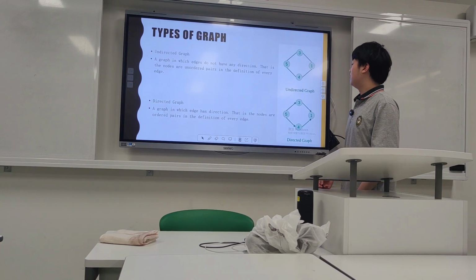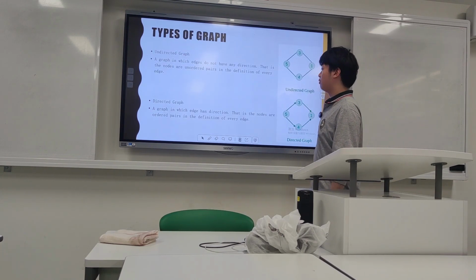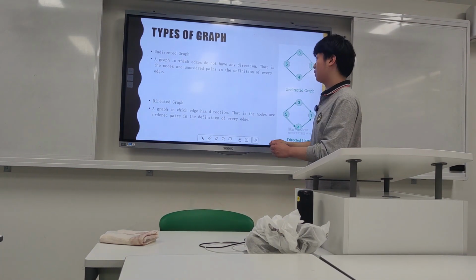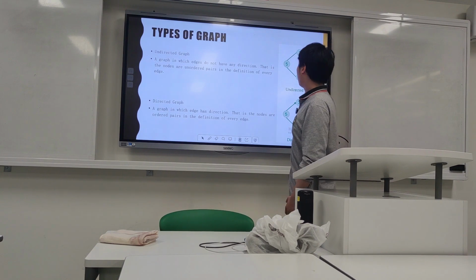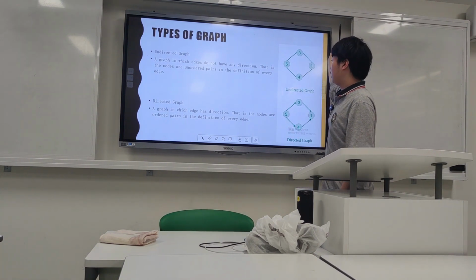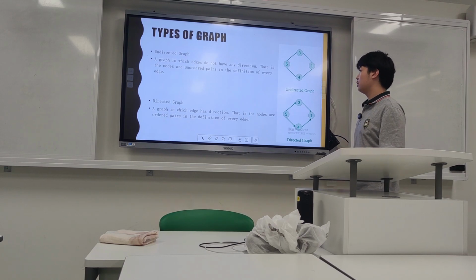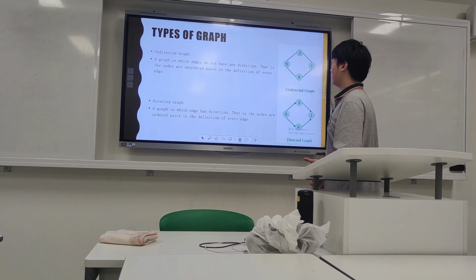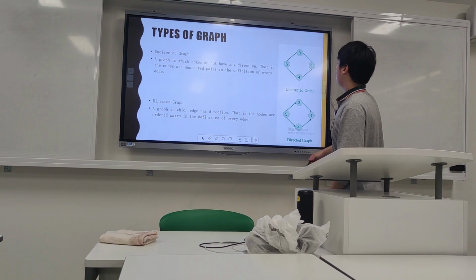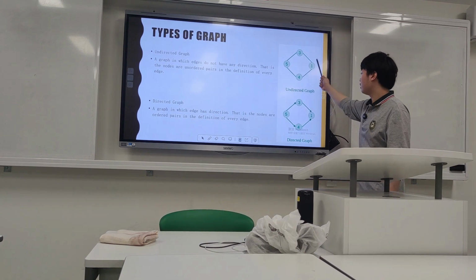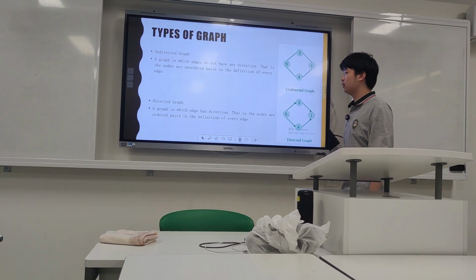Here, these are two common classifications of the direction of graphs. The undirected graph is here. It is a graph in which edges do not have any direction, that is, the nodes are unordered pairs in the definition of every edge. So when you traverse the graph, for example, you can go from 1 to 4, and you can also go from 4 to 1.